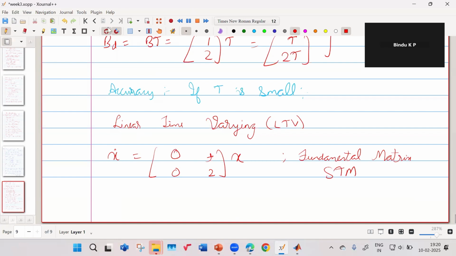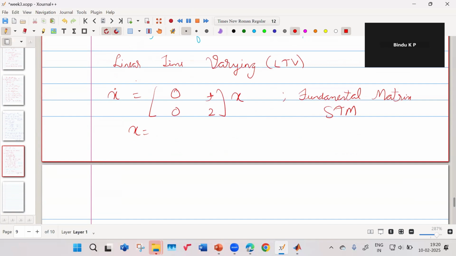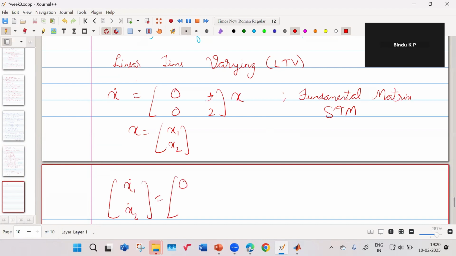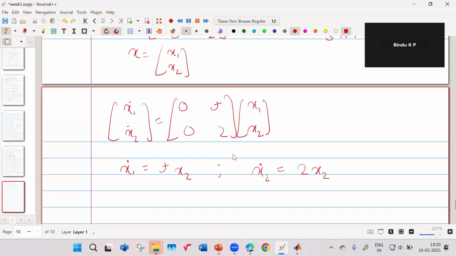Okay, so how do we do this? We know x is a vector of x1, x2, right? So x dot is [x1 dot; x2 dot] equal to [0, t; 0, 2] times [x1; x2], right? So we can write x1 dot is equal to t into x2 and x2 dot is equal to 2 into x2, right? Now, how do we solve this?